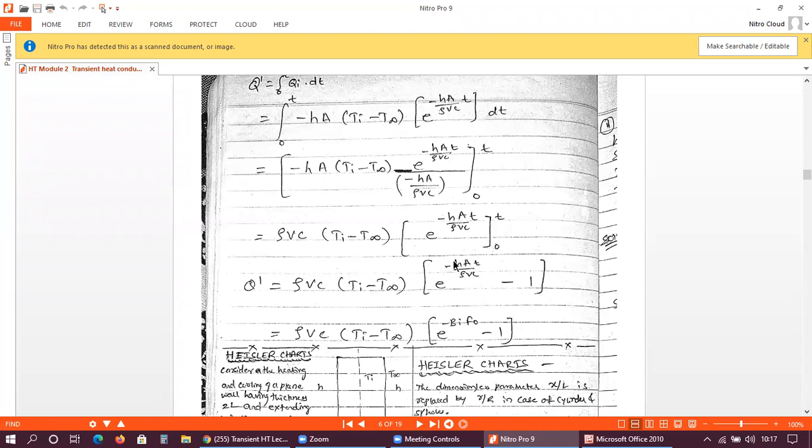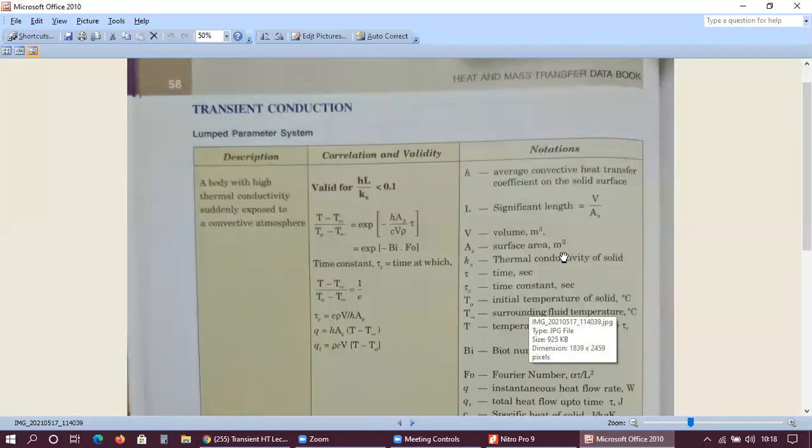If you go with this expression, as I told you, you can easily replace this by Bi into Fo. This hAt by rho Vc is nothing but the product of the Biot number, Bi, and the Fourier number, Fo. These Biot number and Fourier number expressions are already there in your data handbook.